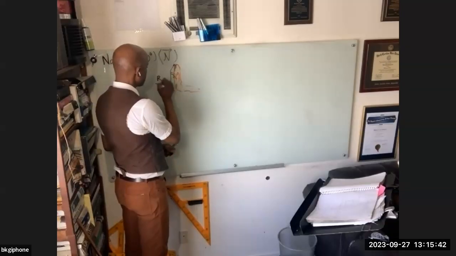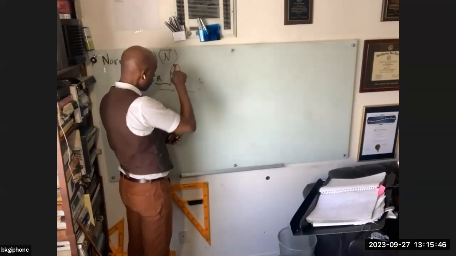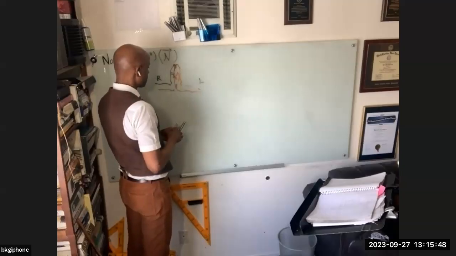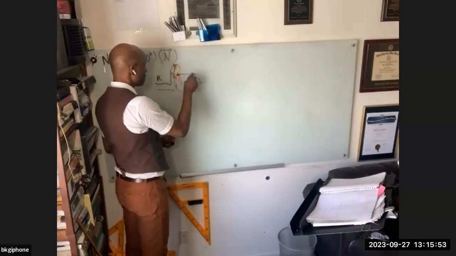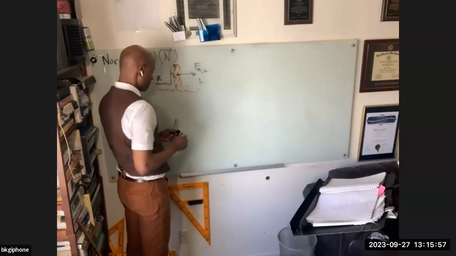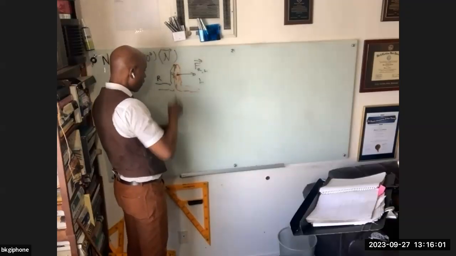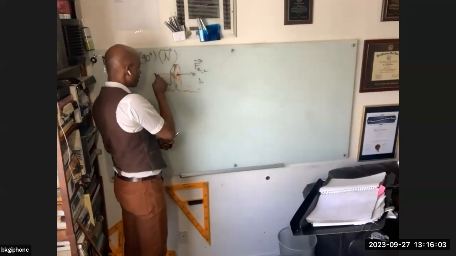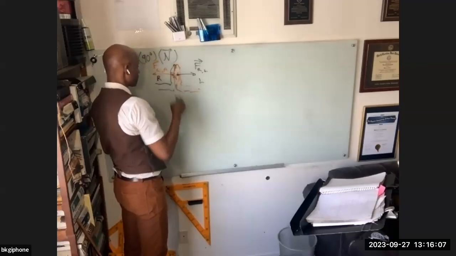Hand right and left. So there's going to be a force on the left hand due to the right hand, right? So that's the force of the right hand on the left hand. And this one on the right hand is a force of the left hand on the right hand.